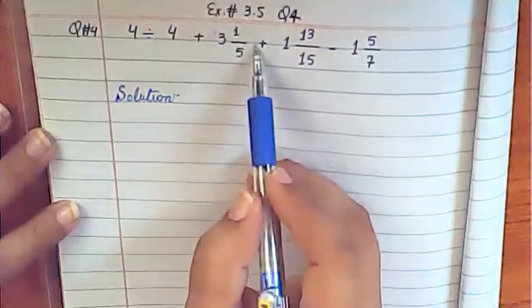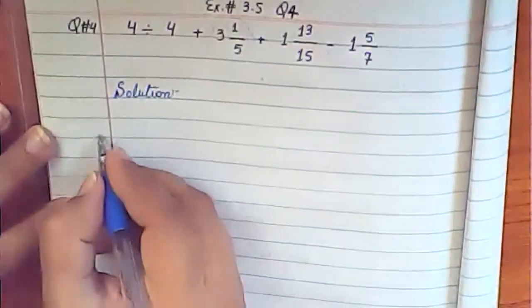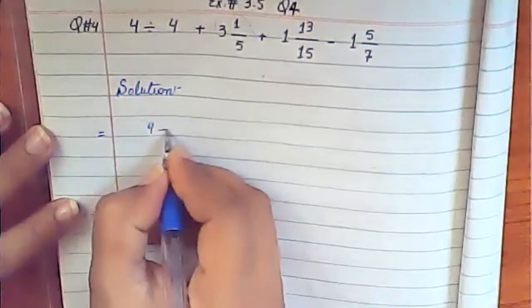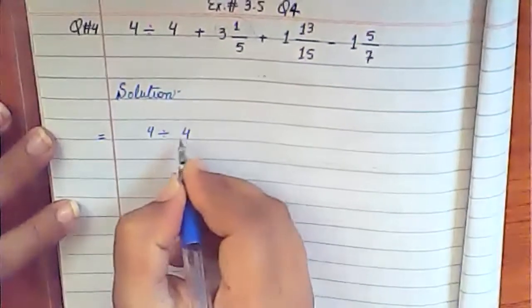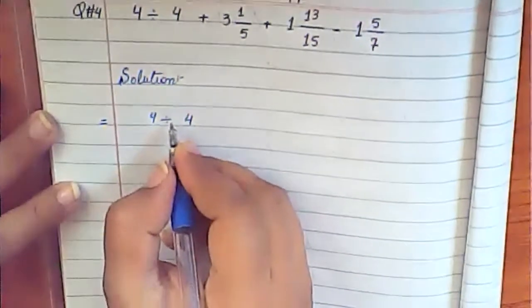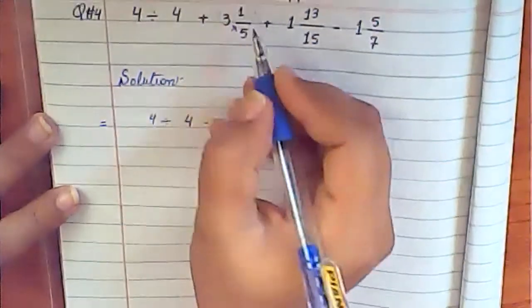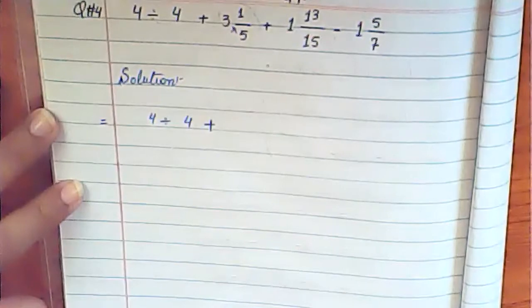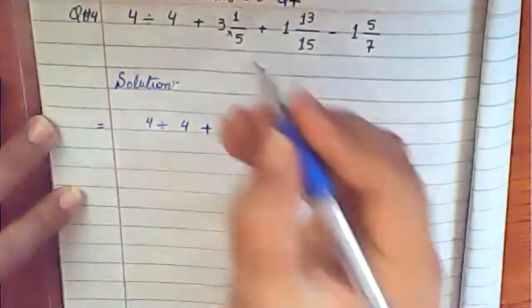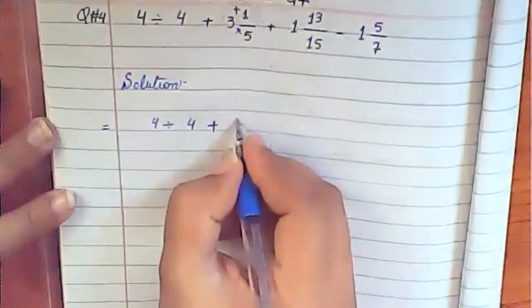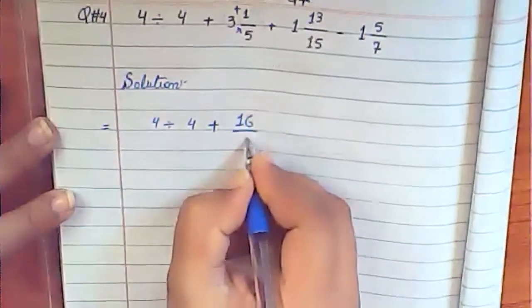But before that you have these mixed fractions. So in the first step we are going to convert the mixed fractions into improper fractions, while the rest of the things will remain the same. 5 multiplied by 3 is 15. 15 plus 1 will be 16 upon 5, right?